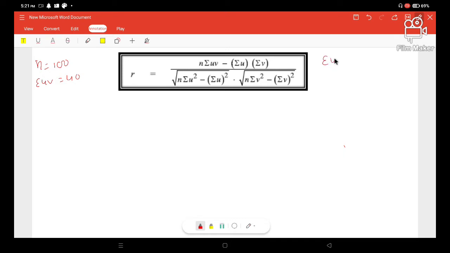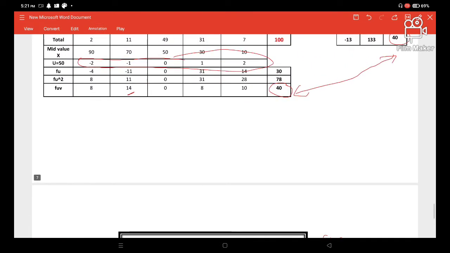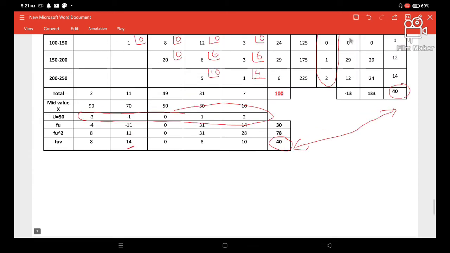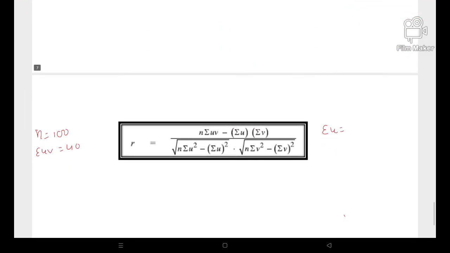Sigma u, which we calculated earlier, was 30, and our sigma v is minus 13.